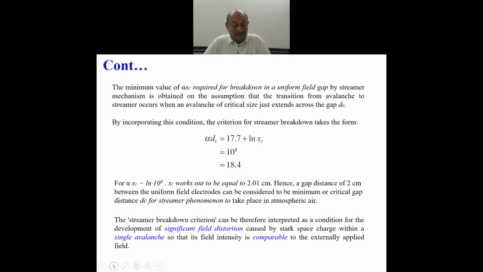Mind it, the field produced by the space charge of the avalanche produces distortion in the applied electric field within a single avalanche, so that its field intensity is comparable to the externally applied field. That means EA is comparable to E naught, then this streamer breakdown criterion is met.